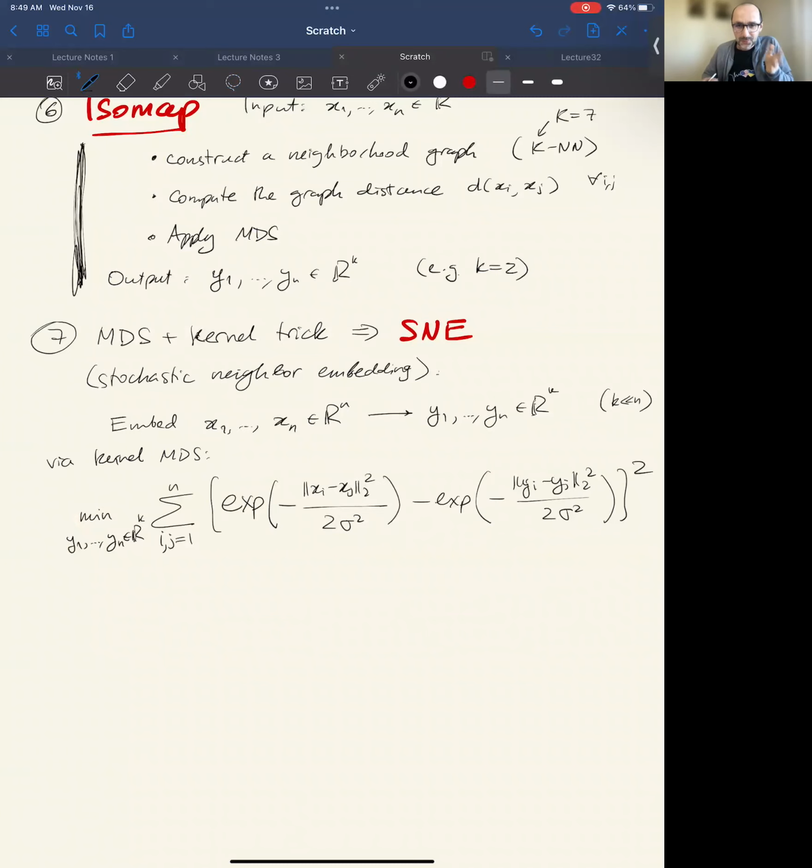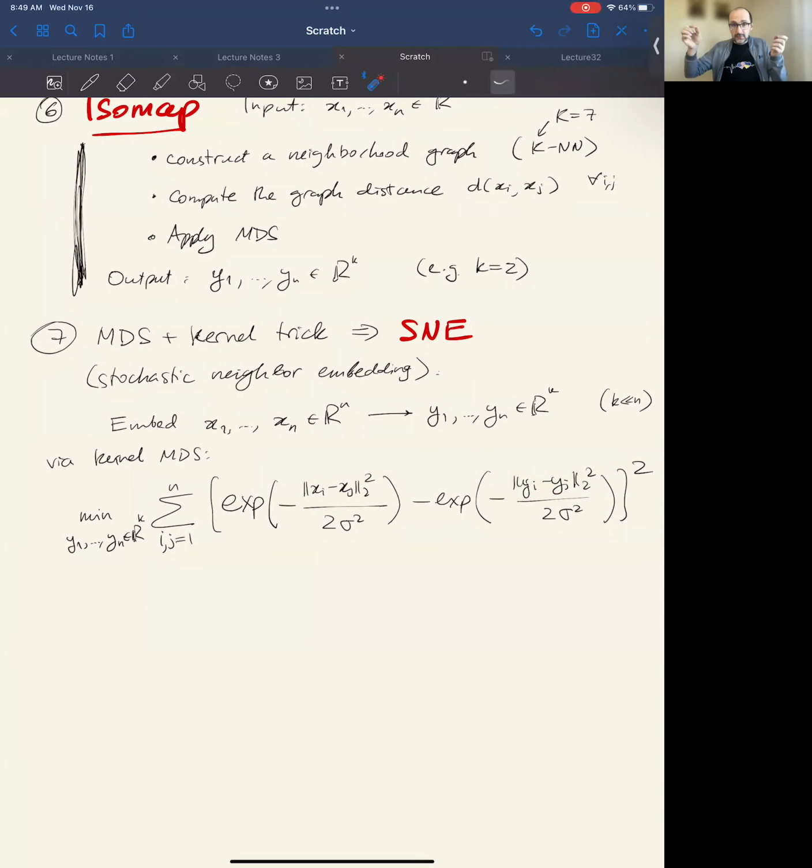Why? What does this achieve? Why is this better? If xi and xj are far apart, let's say sigma is 1, just for the sake of clarity, and xi minus xj are 10 apart. Then, imagine what happens. 10 squared is 100. 100 divided by 2 is 50. E to the minus 50 is near 0. And so what is the best yi's?